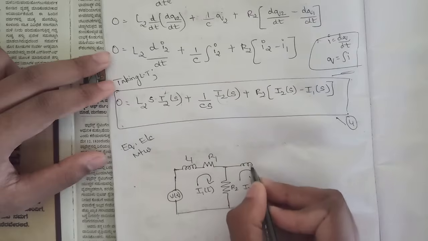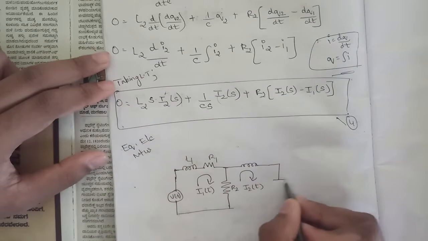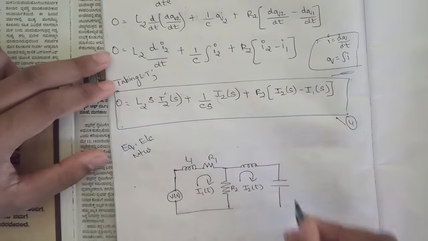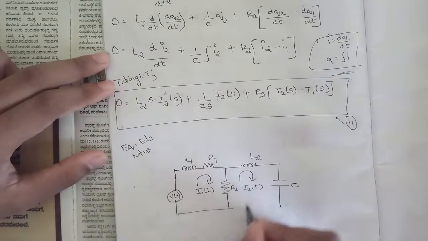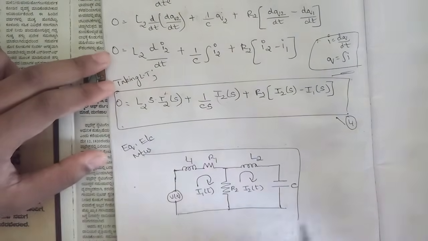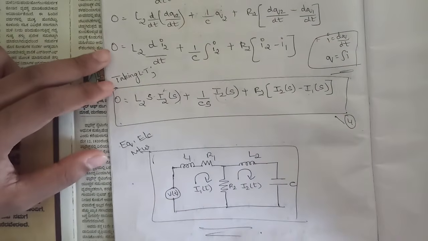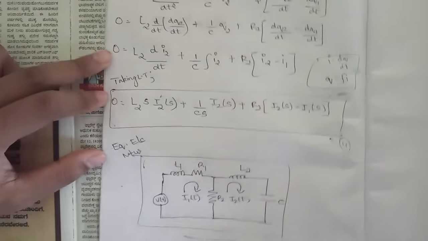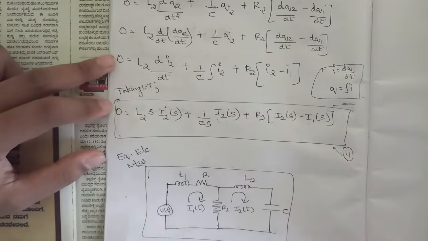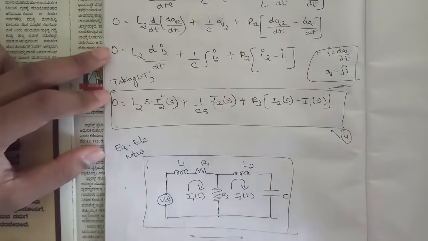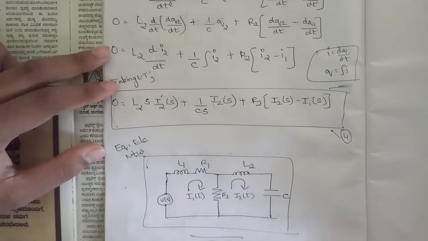So L2 and C, this is in series, right? This is C, this is L2. So this completes the equivalent electrical network for FV analogy. Okay. Again, please pause the video and refer to it, and if you do not understand, look at the video once again. So this is very, very important here. So we are continuing this right now.